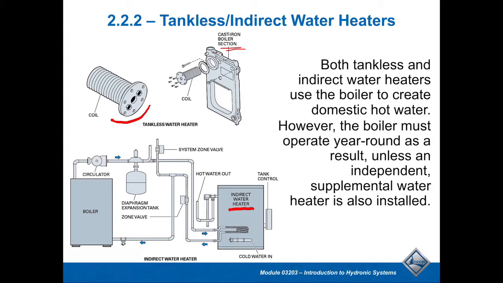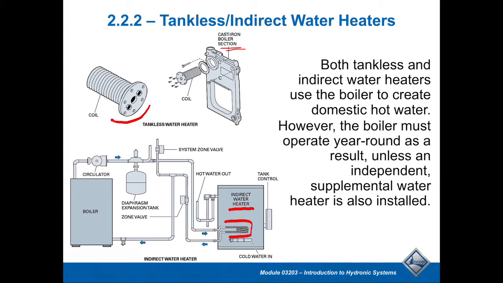We would be more likely to see what I would consider an indirect hot water heater. In an indirect hot water heater, typically we would have a heat exchanger built into the tank, and that keeps the boiler water completely separate from the potable water that would be going out to the building, that customer, for showering.